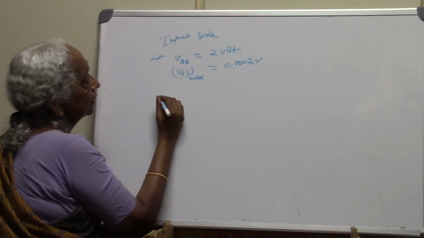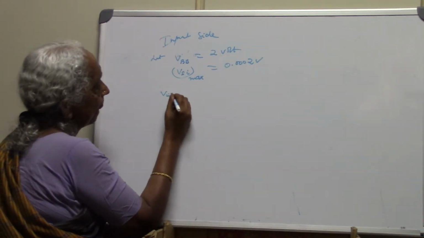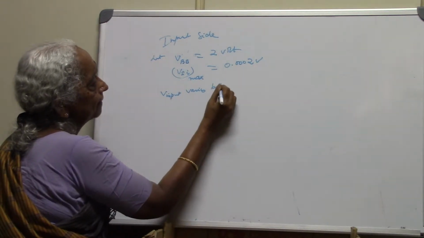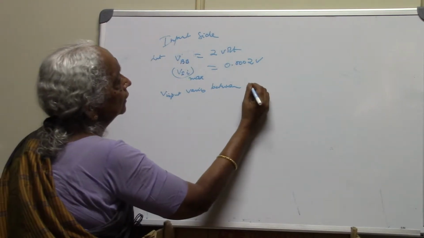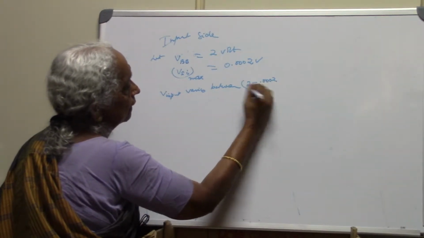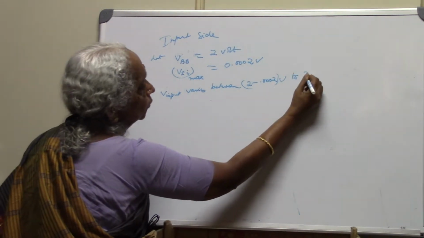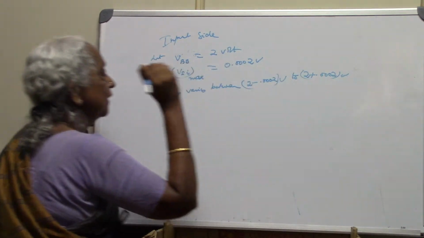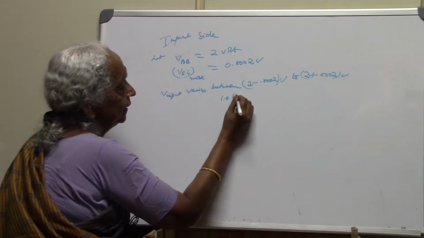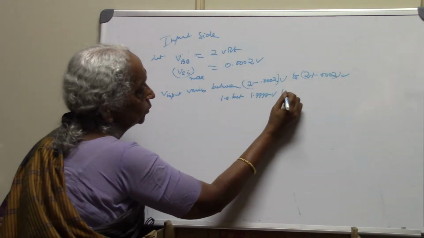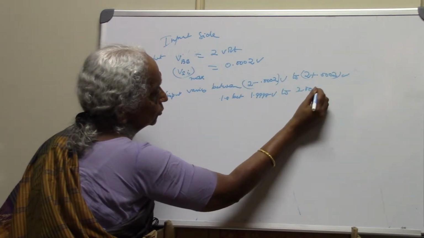Therefore, V input varies between 2 minus 0.0002 volt to 2 plus 0.0002 volt. That is between 1.9998 volt to 2.0002 volt.